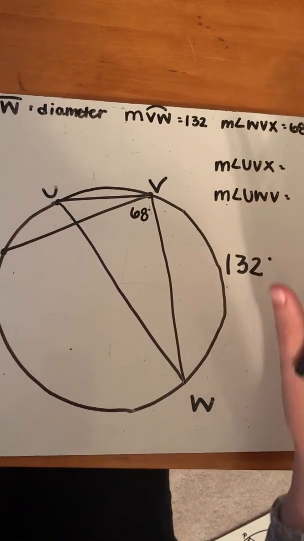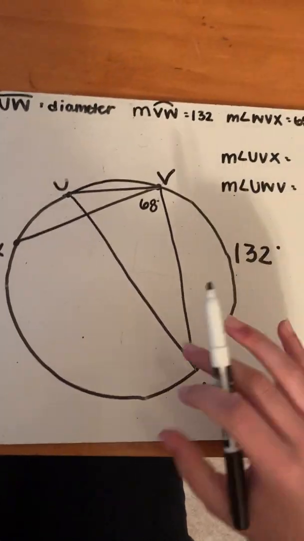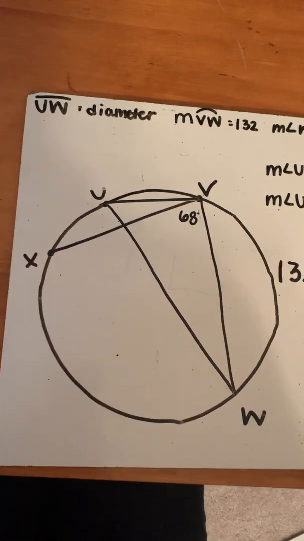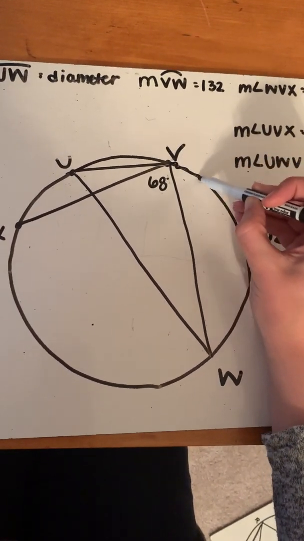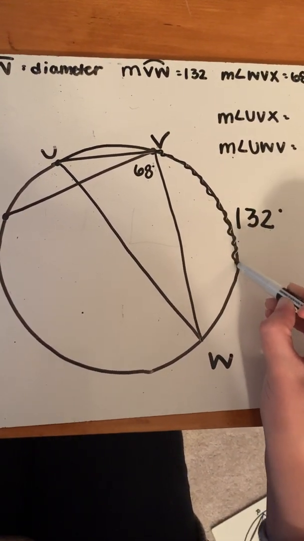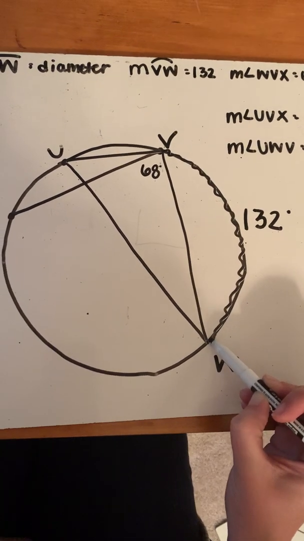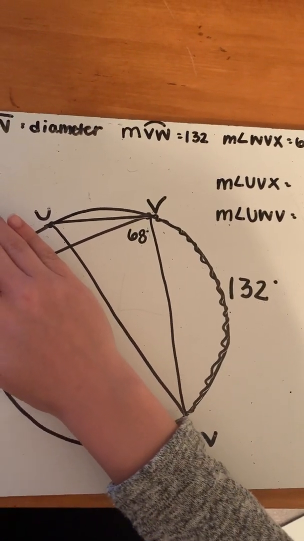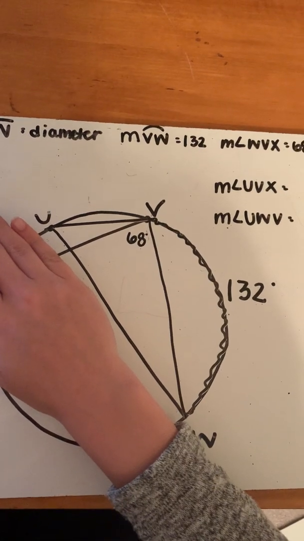Our goal is to find these two angles over here. I'm going to do a little bit of math before we dive in. We know that V to W is 132 degrees. We also know that this half of the circle is a semicircle, so it should equal 180.